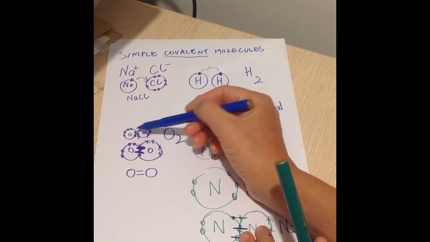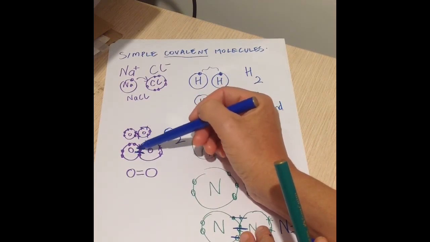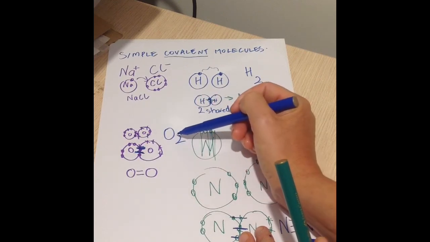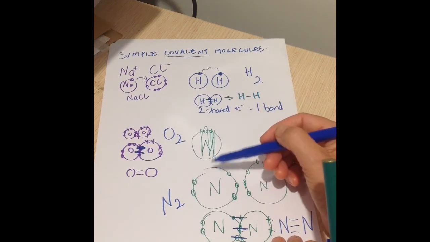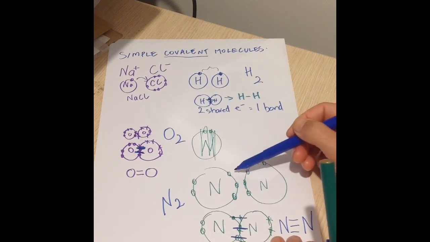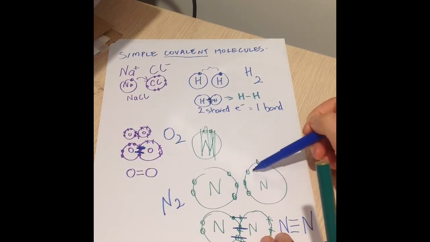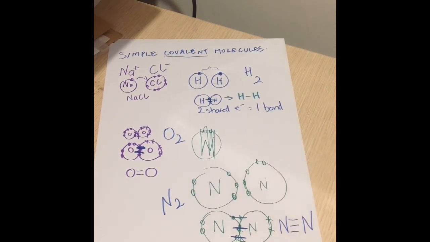Because if we get 2 oxygen atoms and we share electrons, we can have a double bond, and that's oxygen gas. Nitrogen gas is N2 because 2 nitrogen atoms can share their electrons and form a triple bond, and be a nice stable compound.